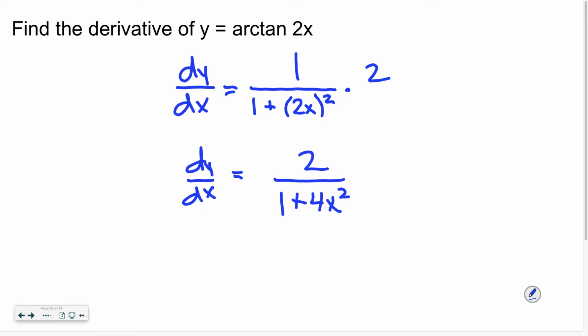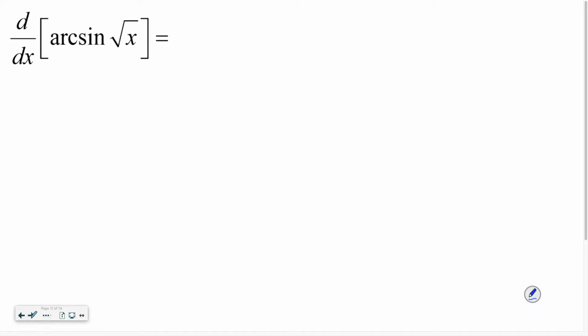Moving on. Example 2. I'm giving you time to write these down, but they're already written down, aren't they? Okay, so arc sine of radical x. When we take the derivative, the arc sine derivative rule is 1 over radical 1 minus x squared.